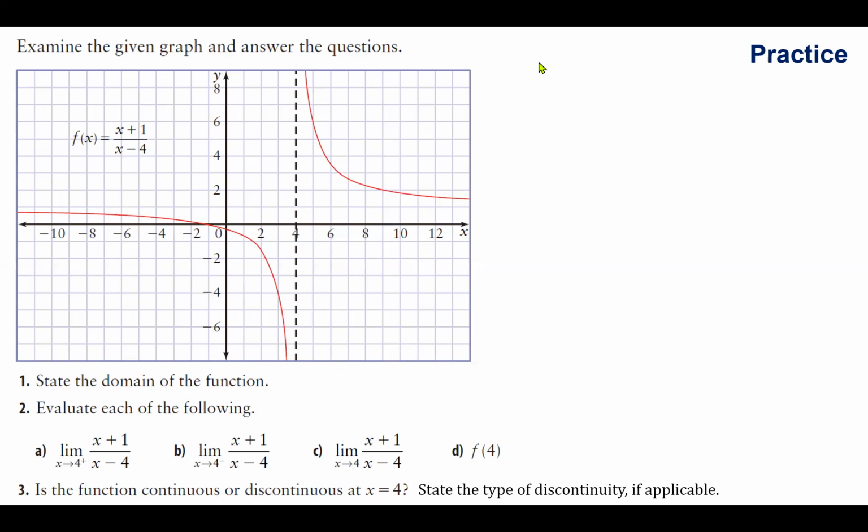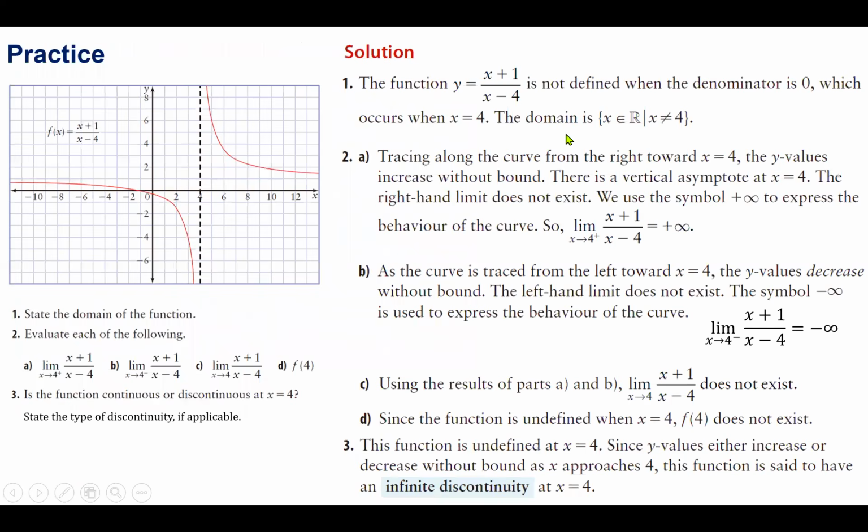Okay, have you finished? Okay, let's have a look at the solution together. Question 1, the function y equals (x plus 1) over (x minus 4) is not defined when the denominator is 0, right? Which occurs when x equals 4.